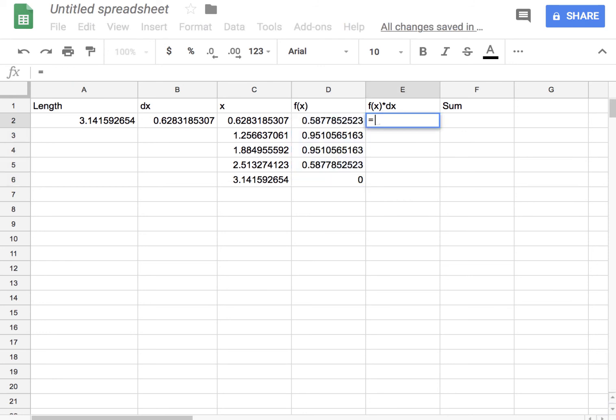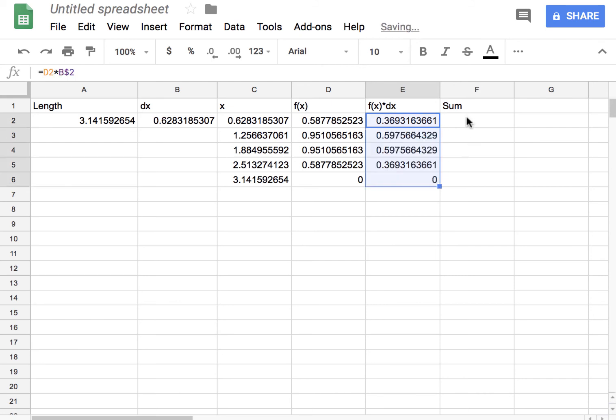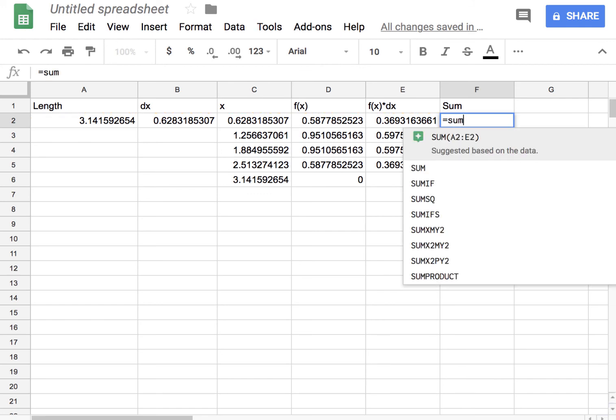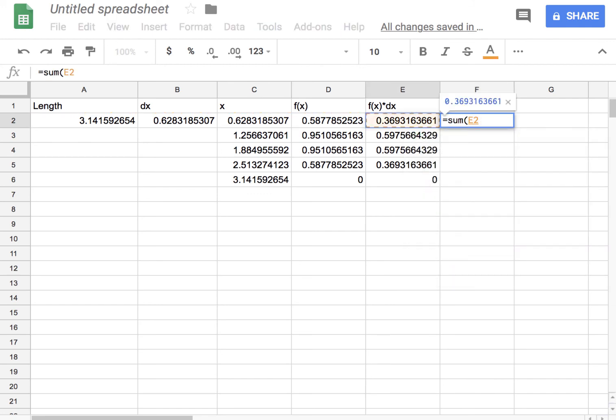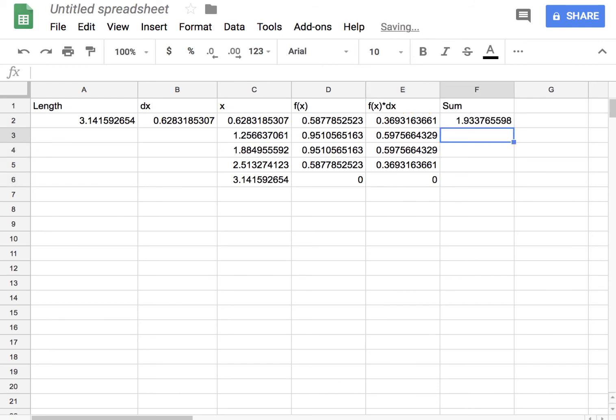And then this will equal f of x times our dx. Again, freezing that cell. And then our sum of those cells is approximately 1.9.